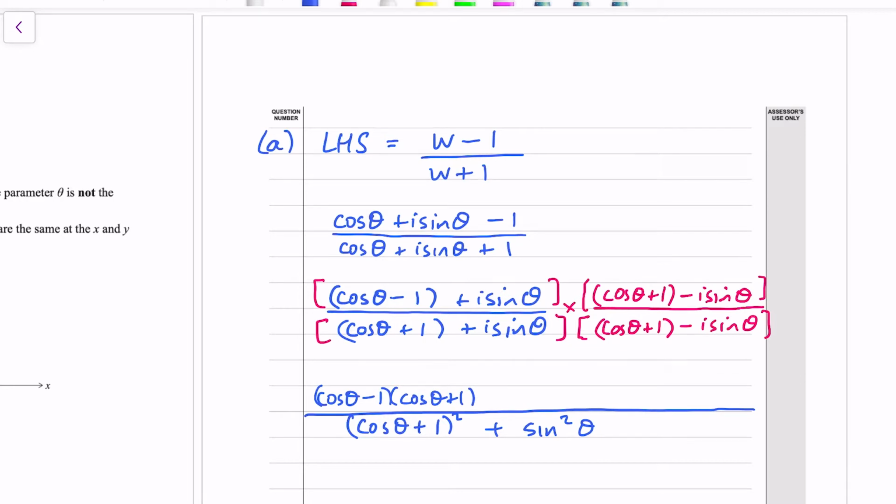And the last terms, i sine theta and minus i sine theta, they'll give us a real number, plus sine squared. And then the other terms are imaginary. So i times sine theta cos theta plus 1 and minus sine times cos theta minus 1.